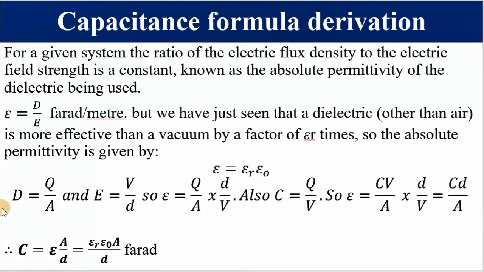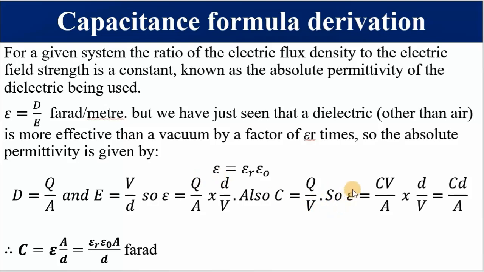But we know that electric flux density D is equal to charge divided by area, and we know that electric field strength is equal to voltage divided by distance. So as we saw, absolute permittivity epsilon is equal to Q over A times D over V. But we know that C is equal to Q over V. So we are now replacing charge.